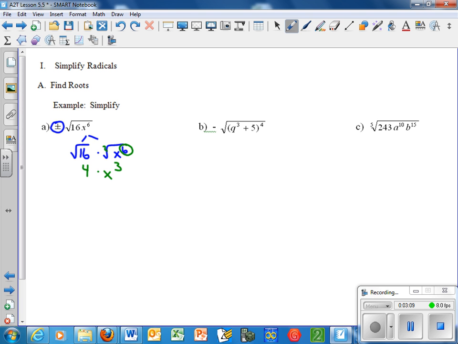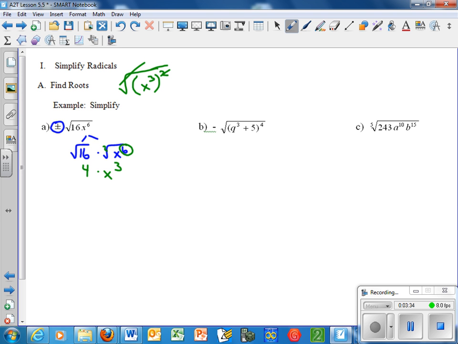Another way to think of it, just to give you some alternative methods so you can see what's easiest for you to understand, is if we had the square root of x cubed squared, well, that would be x cubed, because x cubed squared is x to the 6th.